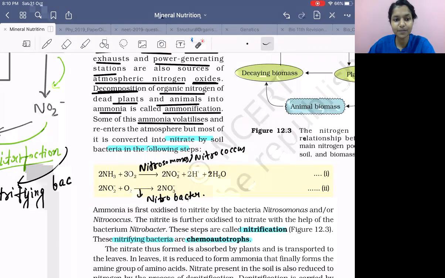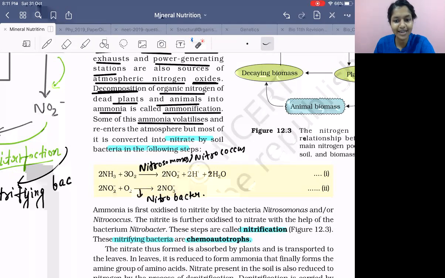The second step, which comes later, has the bacteria with the letter which comes first, B. This can be a way to remember; you can have your own way, obviously. What is the nature of nitrifying bacteria? Chemoautotrophs. Is it clear?